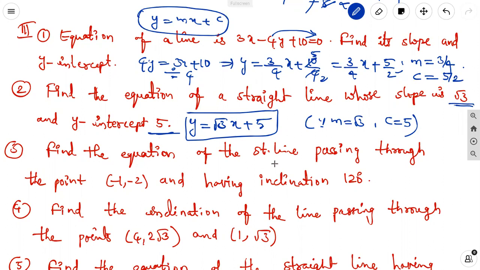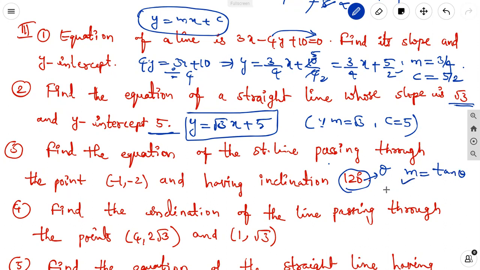Next, find the equation of the straight line passing through the point -1 comma -2 and having inclination 120 degrees. If we know the inclination theta, the slope m is equal to tan theta. That is the slope or gradient.